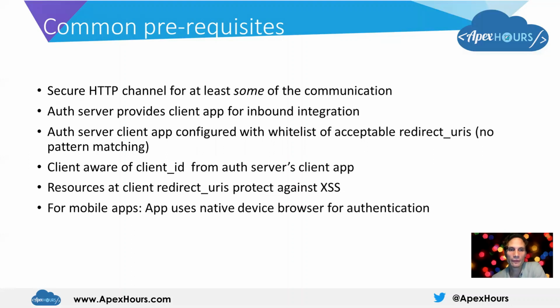And finally, for flows where a mobile application is participating, so where the mobile app is acting as the client, then we'll generally want the app to kick off the device's native browser. That's generally considered the most secure and the most usable way of implementing an OAuth authentication.